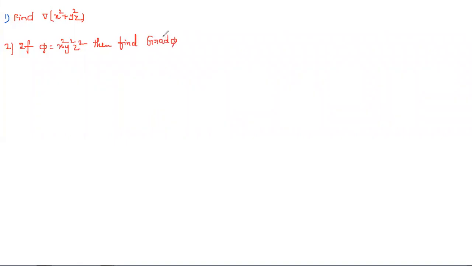Then find grad phi at 1, minus 1, 0. And the same, third one: find grad phi.